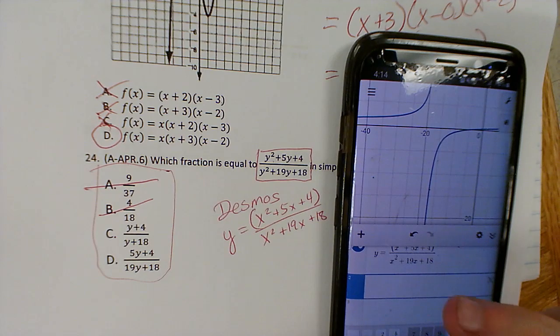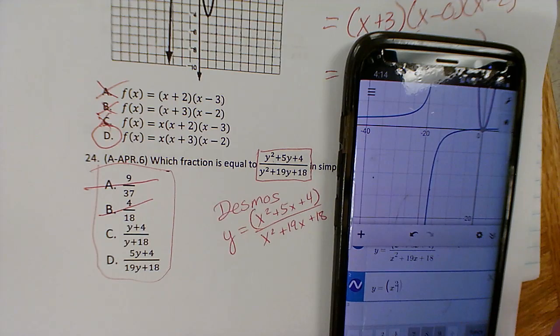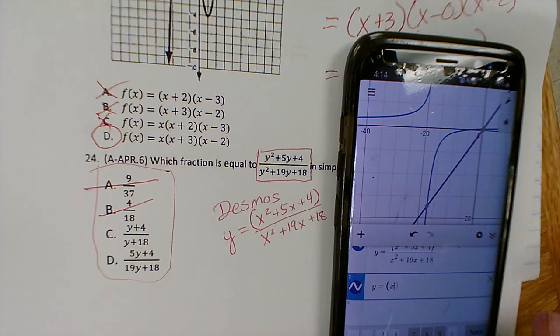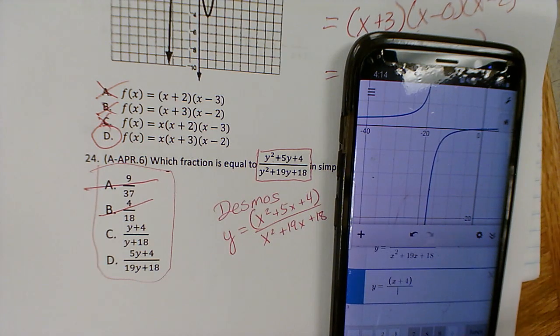So we're going to type in y equals, and remember we're replacing all the y's with x's. So in parentheses I'm going to put the top, x squared, there's no x squared, plus 4 all over x plus 18.